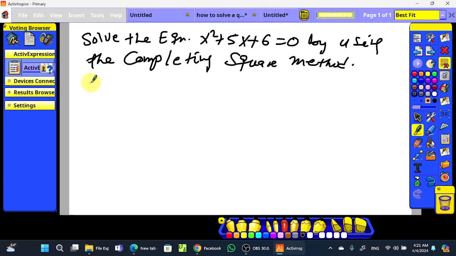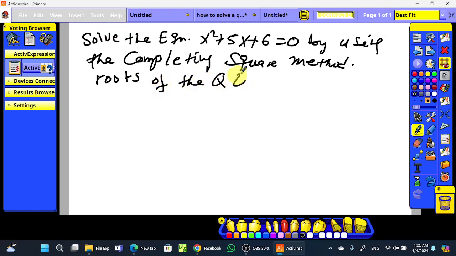Before we start solving this quadratic equation with the completing the square method, we have to study the properties of the roots, or solution sets, of the quadratic equation.